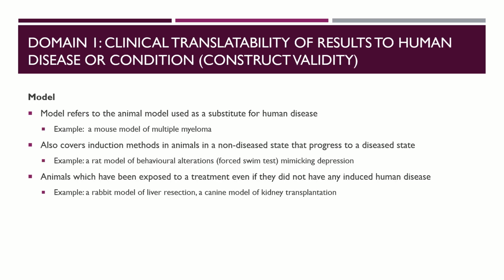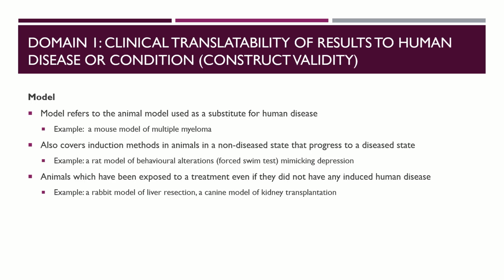Before we go to the signaling questions, you need to understand what we mean by model in this particular context. In this context, model refers to the animal model used as substitute for human disease. For example, a mouse model of multiple myeloma. It also covers induction methods in animals in a non-diseased state that progress to a diseased state.